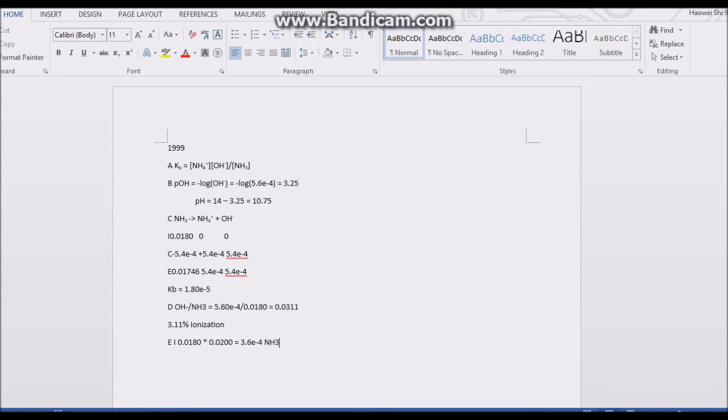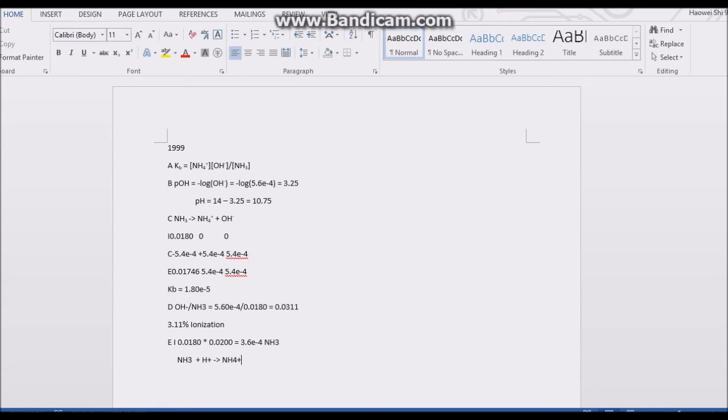So the equation looks like this, the acid base equation: NH3 plus H plus yields NH4 plus.